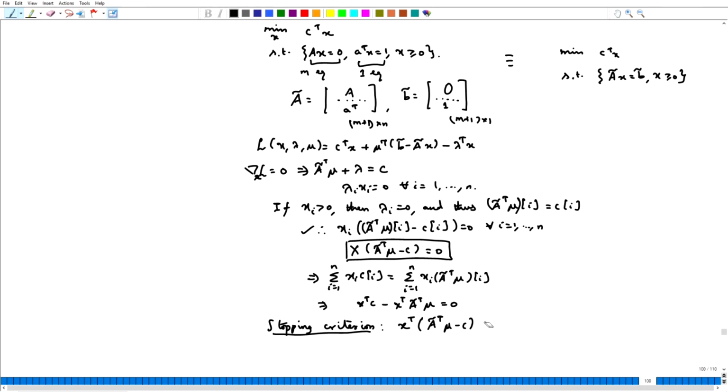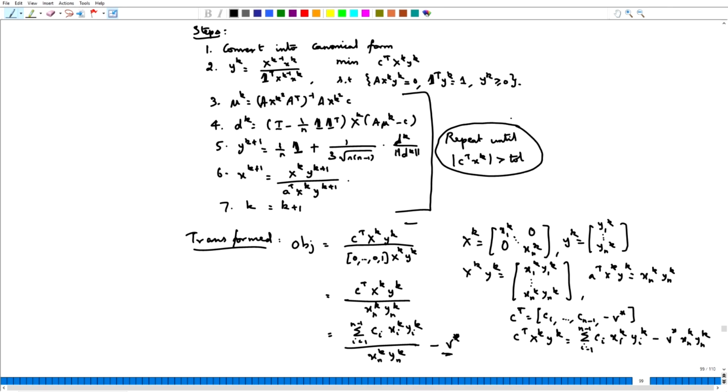Or the modulus of this is less than or equal to some tolerance. If I modify the constraint here as I just mentioned, then we will have the algorithm ready for Karmarkar's method.